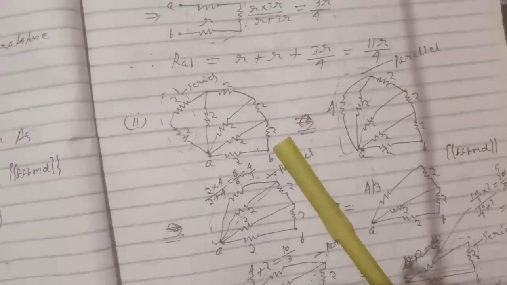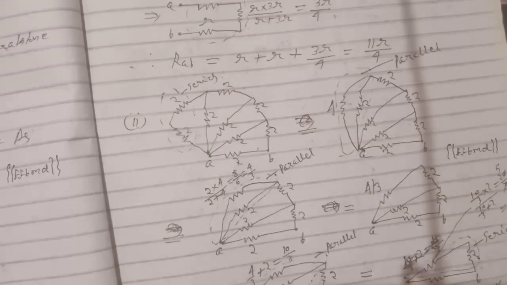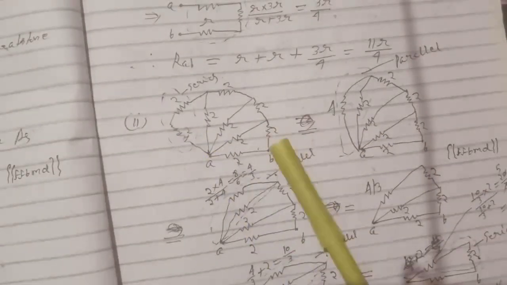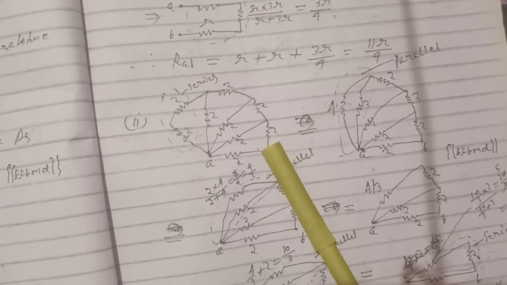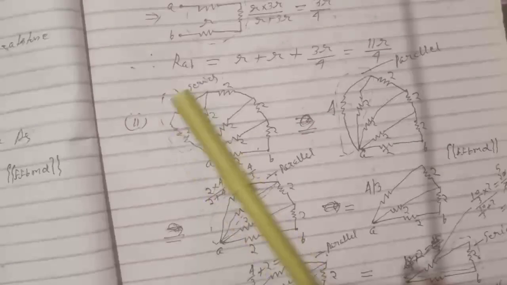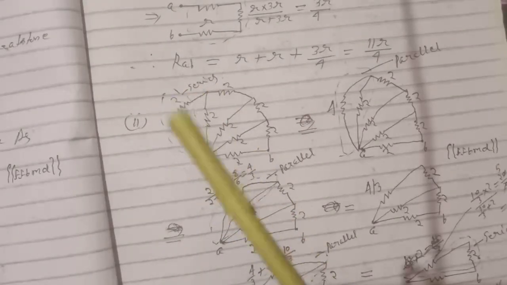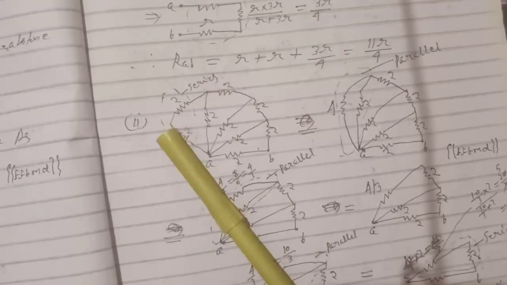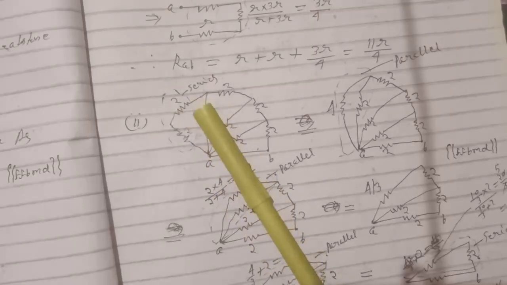Next, the second question. Here we see that this is point A and this is point B. Now these are in series, and this will be replaced by one equivalent resistance. Now this will be parallel to this.